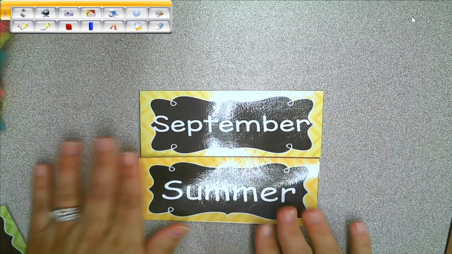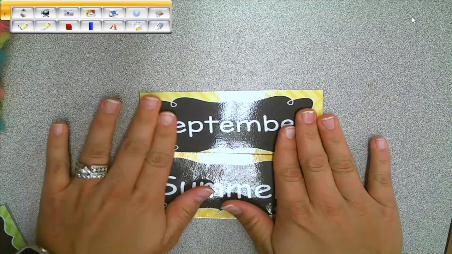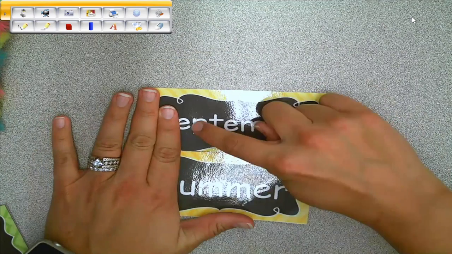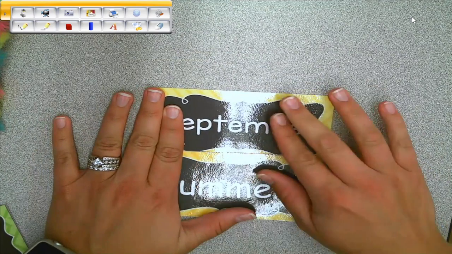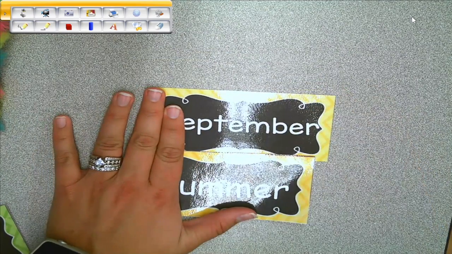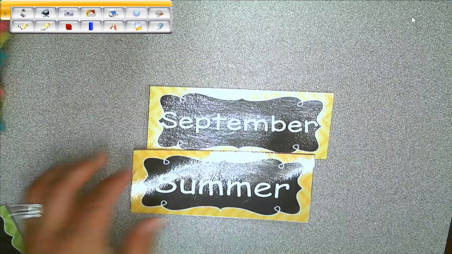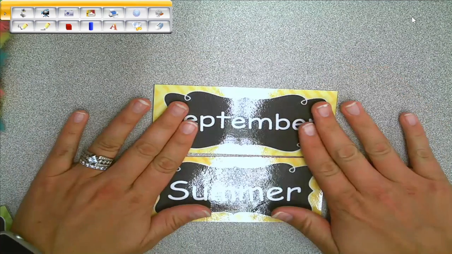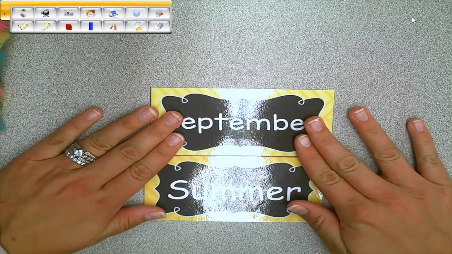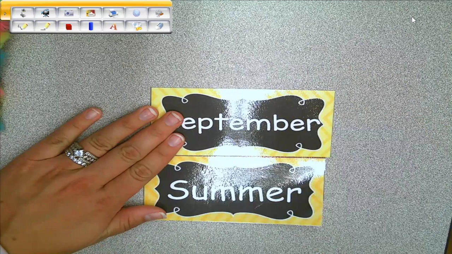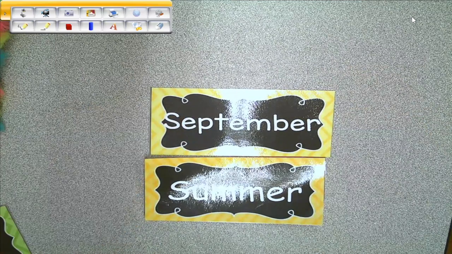The second letter. So if I look, they both have S to start. Then I have an E and a U. Then I'm going to look at my alphabet and see what comes first, E or U? E. Very good. So I'm going to put September on top of summer under my S column because they're in alphabetical order. Okay, so I'm going to put those back up there.